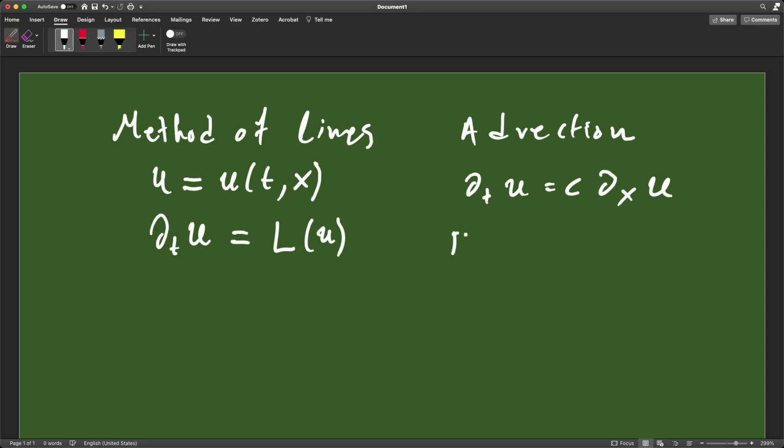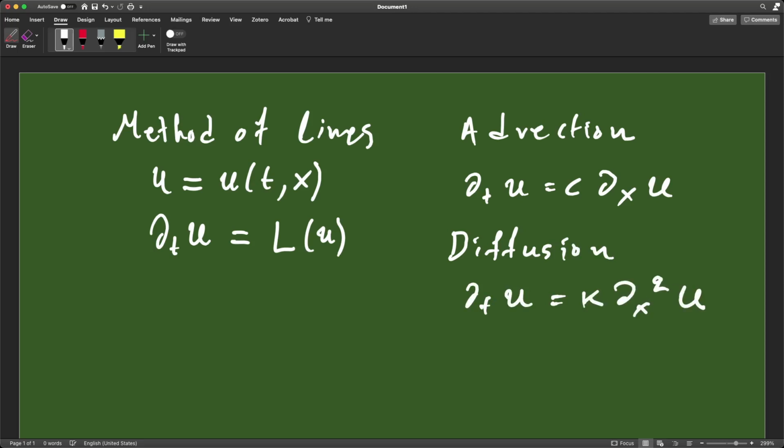Another equation of this form is the Diffusion Equation. This is of this form. Now we have a constant kappa and a second derivative with respect to x.